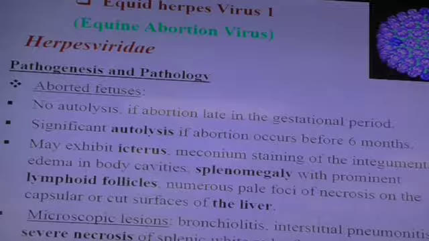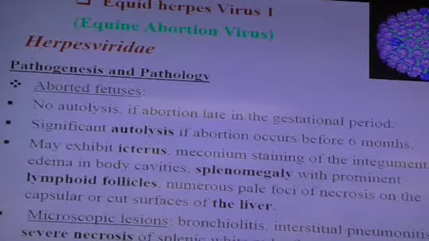Autolysis occurs if the abortion occurs at the beginning or in the early phases of the gestational period. As I said, the lesions in the fetus are really severe, ranging from splenomegaly to liver infection, necrosis in lymphoid follicles, and others.